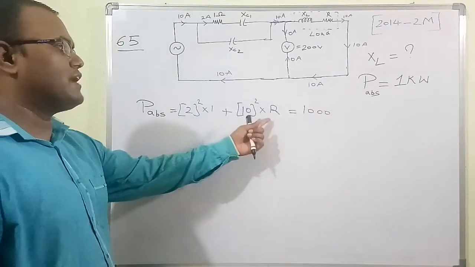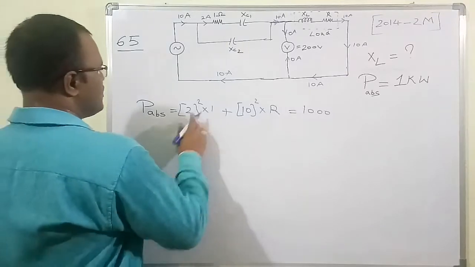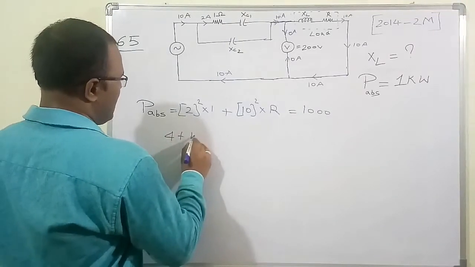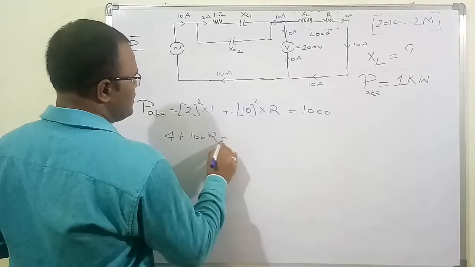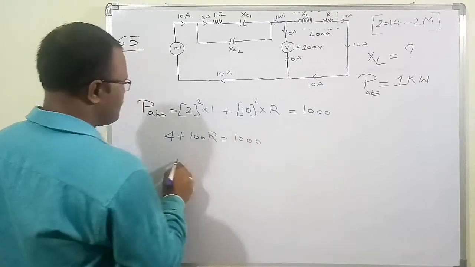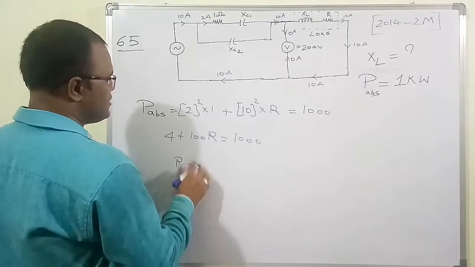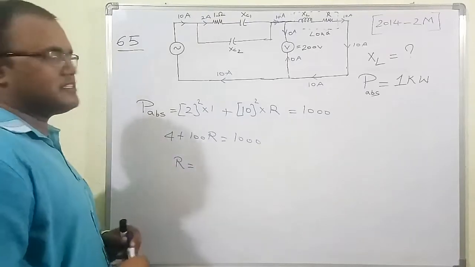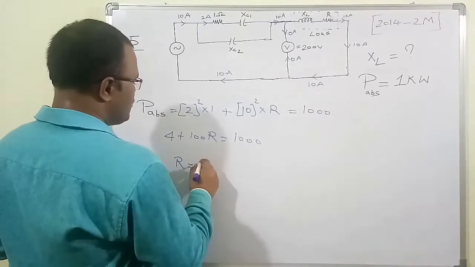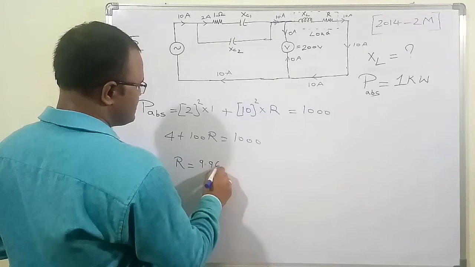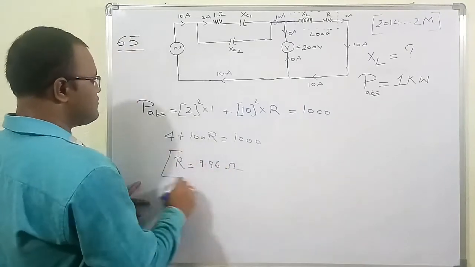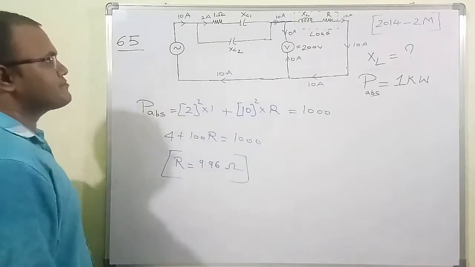To find R: 4 plus 100 R is equal to 1000. So 1000 minus 4 is 996, and 996 by 100 gives 9.96 ohm. This is the value of the resistor R.